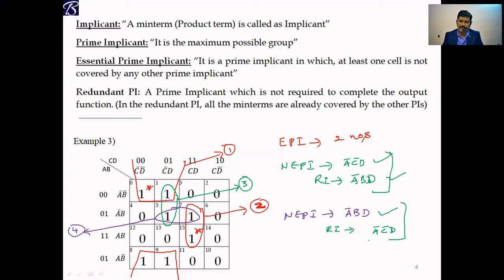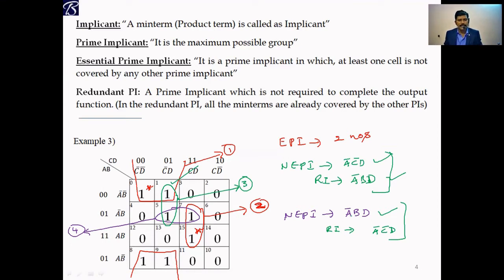That is about non-essential prime implicant. Non-essential prime implicant is nothing but a prime implicant which has two or more options to complete the output function. In this example, if you take this green color to complete the output function, then this violet color becomes redundant. That is, already the output function is completed.